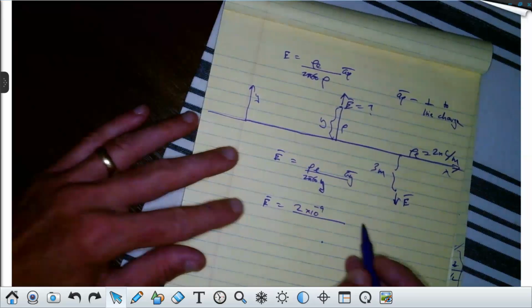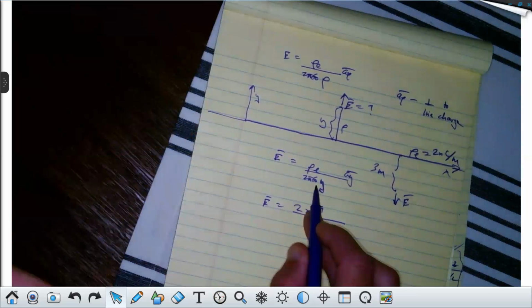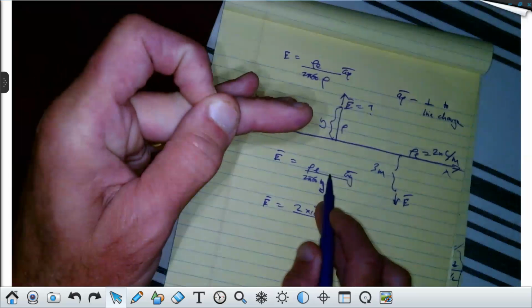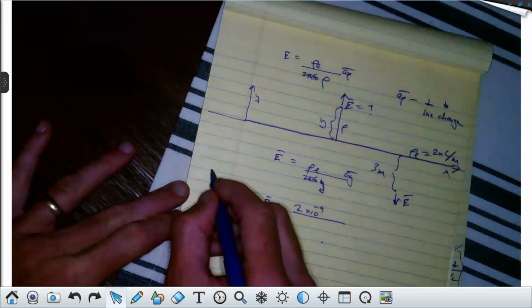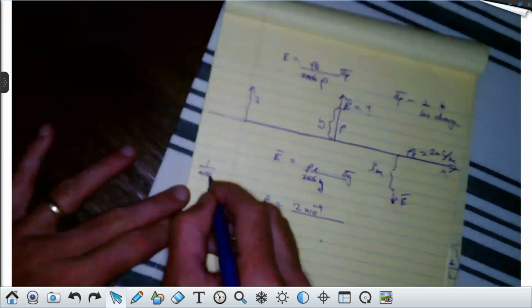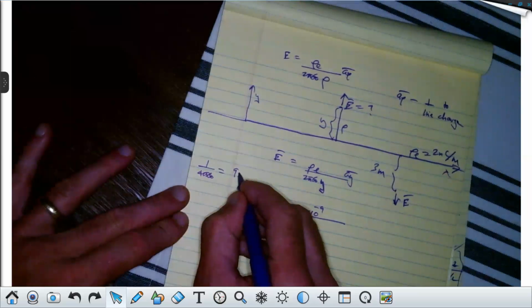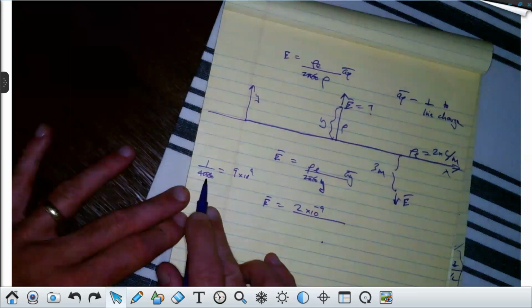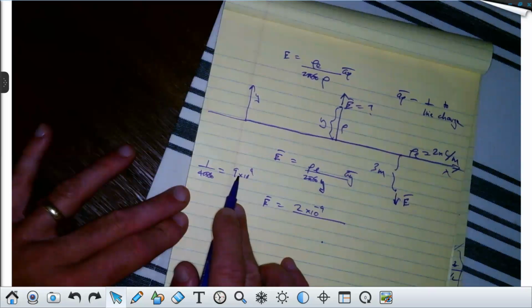Now you remember when you had 4 pi epsilon naught, what you really had on top was 9 times 10 to the 9th. Do you all remember that? If you have 1 over 4 pi epsilon naught, that's really equated to 9 times 10 to the 9th. Do you all remember that, class? So if you have 2 pi instead of 4 pi, this is really going to be 18 times 10 to the 9th, isn't it, class?